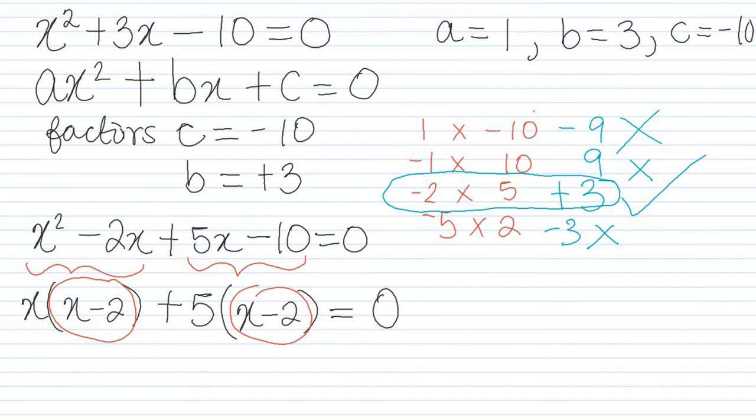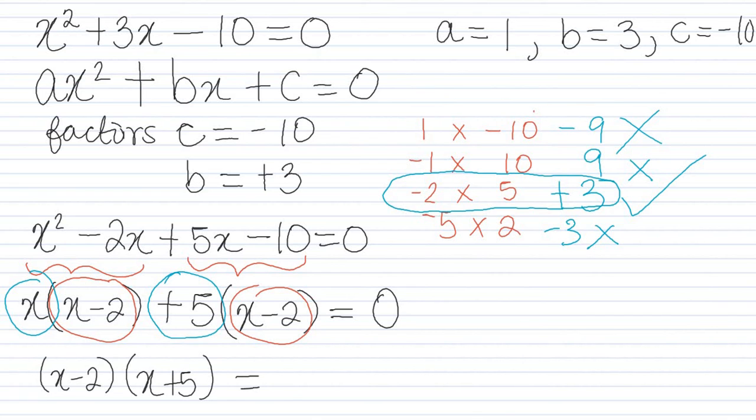So we pick one of them, we'll say x minus 2, then we have this information right here. We put that down and make another parenthesis, and we have x plus 5 equals 0. So this is how you approach all factorization methods. This step is very critical.